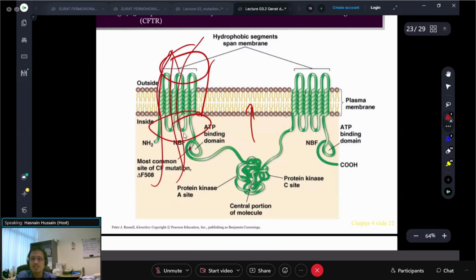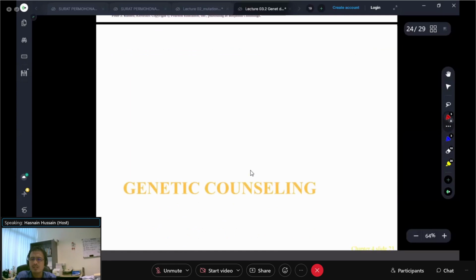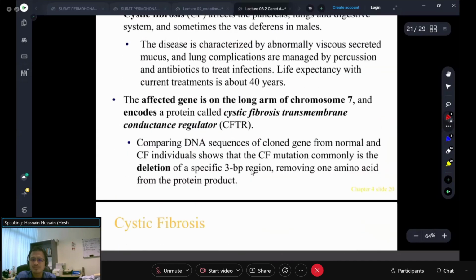So when the mucus molecule comes over here, it cannot pass through, so there is accumulation, for example.